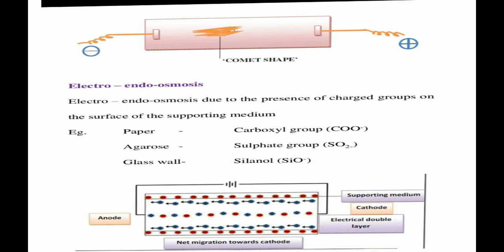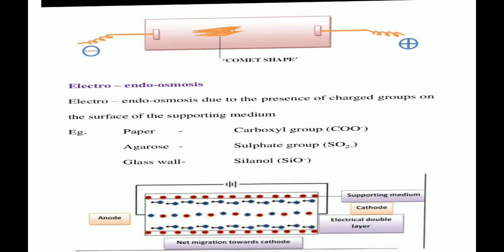ठीक आहे. देन द नेक्स्ट थिंग दॅट अफेक्ट्स द electrophoresis in supporting medium, that is electroendoosmosis. So this is due to the presence of charged groups on the surface of supporting medium. हे काय होतं तर जे काही वेगवेगळे चार्ज मॉलिक्युल्स असतात सपोर्टिंग मीडियमवरती प्रेझेंट, त्याच्यामुळे काय होतं, दॅट कॅन ऑल्सो अफेक्ट दॅट इलेक्ट्रोफोरेसिस. सो फॉर एक्झाम्पल पेपर, then agarose, glass wall. ठीक आहे, which contains in case of paper carboxyl group, then agarose sulfate groups, and glass wall मध्ये काय silanol.